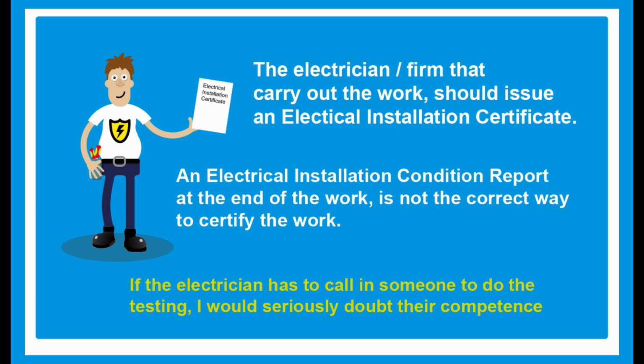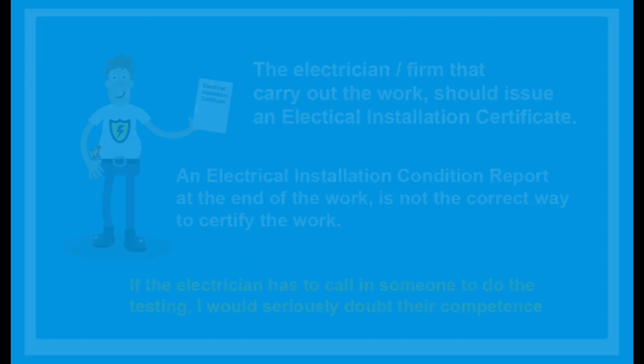And the electrical installation condition report is a periodic test which is done by somebody to verify the installation is safe for continued use. And as with an electrical installation condition report, it can come with quite a lot of limitations where they can't actually test because things are hidden or buried. And therefore, you're not getting a really true picture of your new electrical installation. So anything new, you should be getting an electrical installation certificate.